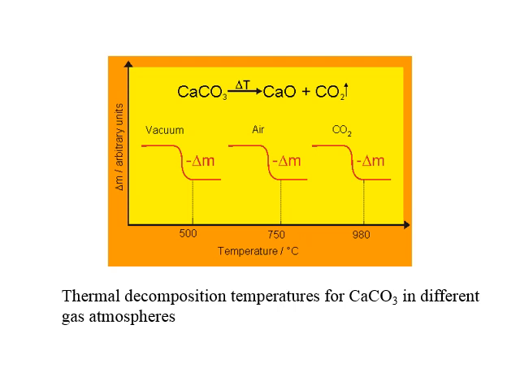You change the gas to air, right, which will actually slow down the reaction rate and increases the reaction temp to about 750 degrees. Then as you change the gas to carbon dioxide, you increase the temperature of decomposition up to closer to 1,000 degrees. That's because the partial pressure of CO2 is much higher in that circumstance, right? And so the CO2 won't evolve as quickly. So the choice of gas matters.